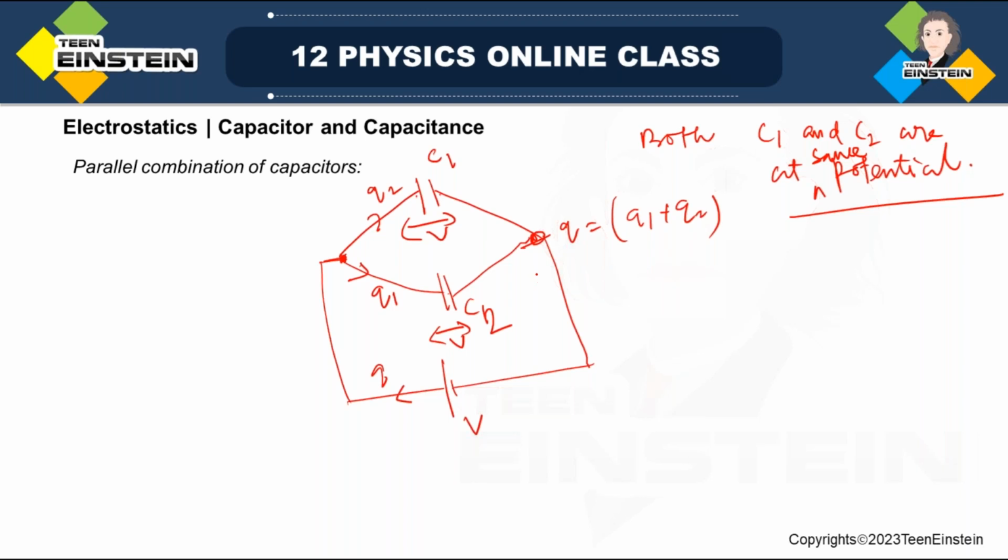Now how to calculate the equivalent capacitance for this? The idea is that the total charge will be this one.